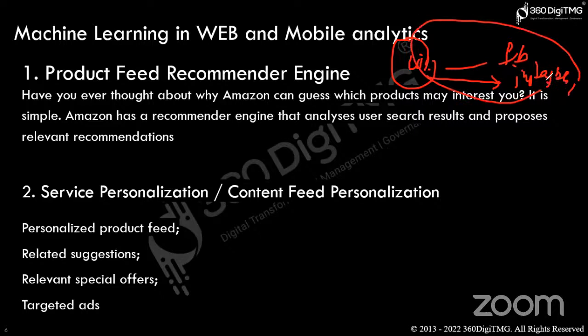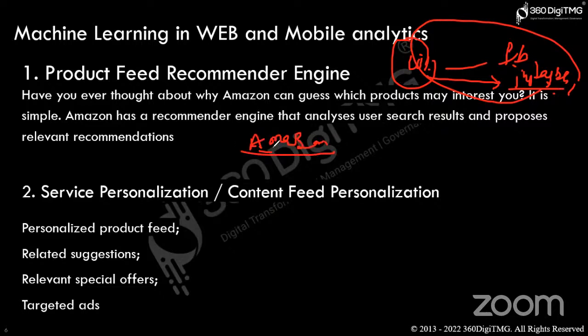Indirectly, it is asking you for credentials only. If you link Amazon to Facebook or Instagram, whatever you are searching or doing in your social media starts reflecting in your Amazon account as well.